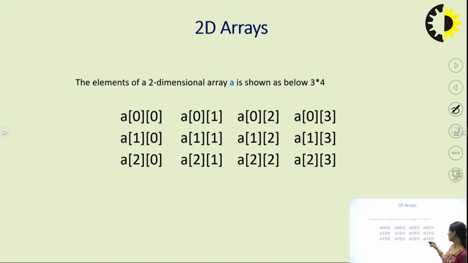That is, 2 is the index number of the row and 3 is the index number of the column. So in total we have 3 rows starting from index 0 and a total of 4 columns, and both start from index number 0.